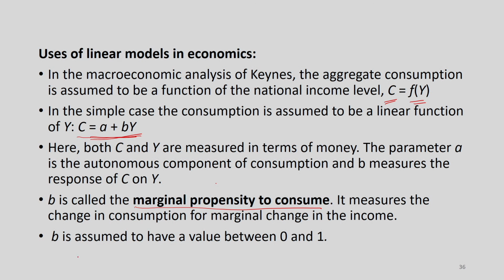B is assumed to have a value between 0 and 1. Again I am not going to explain why it should have a value between 0 and 1, but if it is having a value between 0 and 1, it means the effect on consumption of change of Y is greater than 0, but it is not very much, it is less than 1.